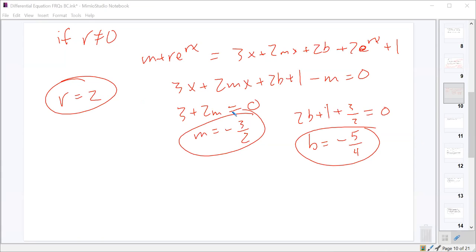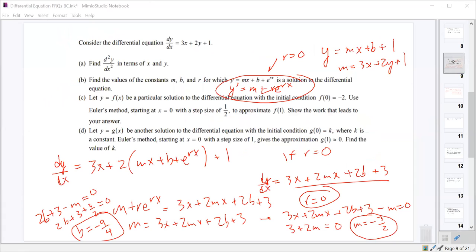Let's see here. Yeah, that part was worth 3 points, so it was the most points of that particular problem. They would have given you 1 point for finding this m plus r e to the rx, and then 1 point for a value for r, and then 1 point for values for m and b.